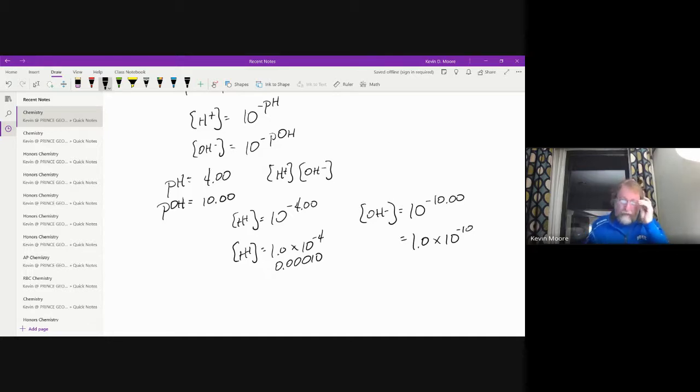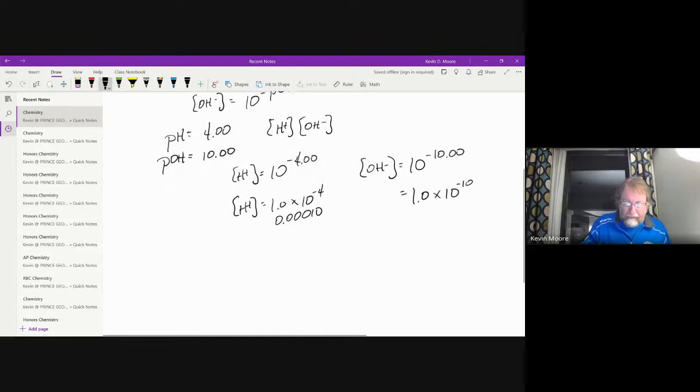Okay, but I'm not going to write that out with the zeros. All right, well, let's do something that's not so obvious. pH 4 and 10. Let's do a pH of 2.82, typical vinegar solution. And so if the pH is 2.82, then the pOH is going to be 11.28.